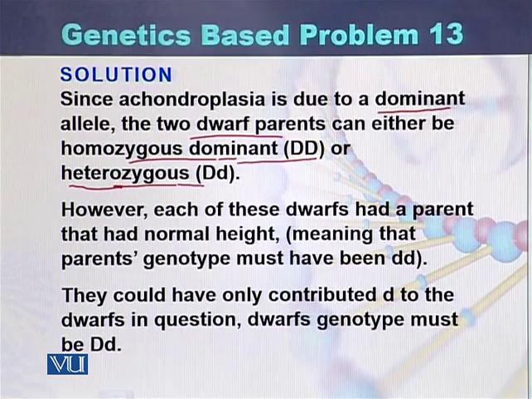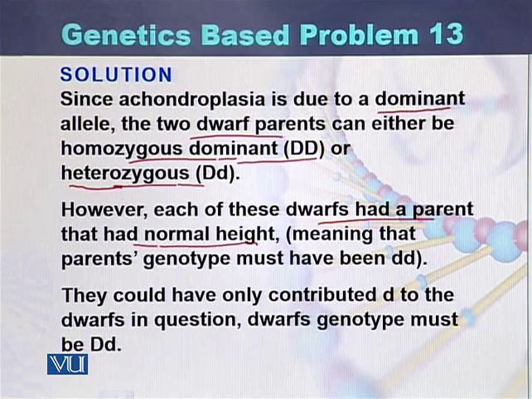Based on the additional information provided, these dwarf individuals have a parent with normal height, and if one parent has normal height, the genotype of that parent should be small d and small d, both recessive alleles.